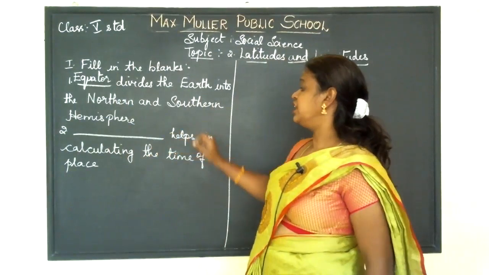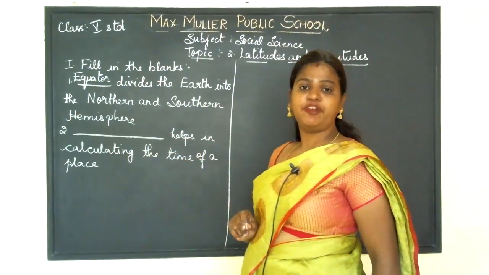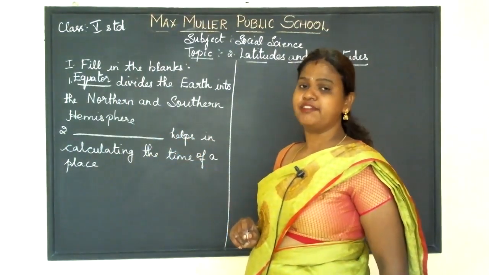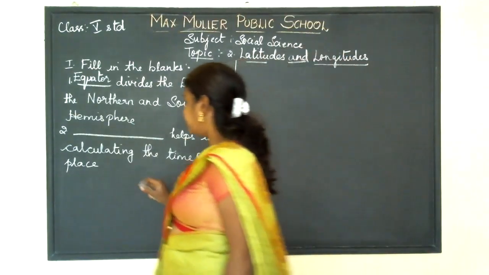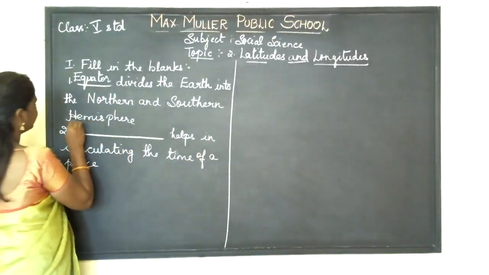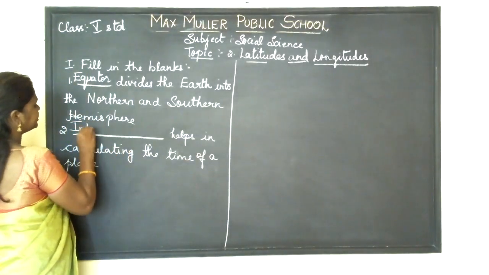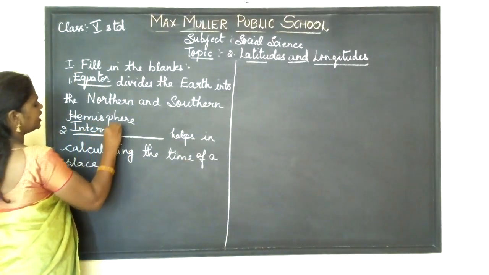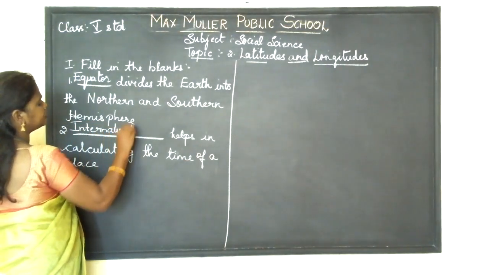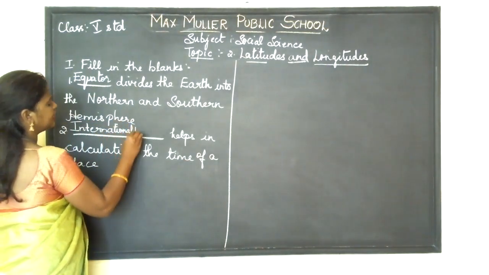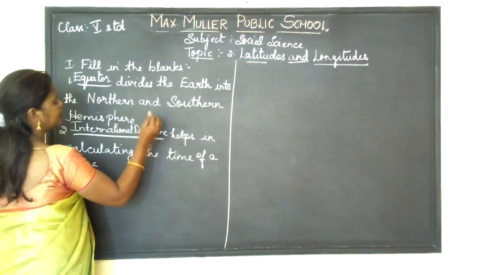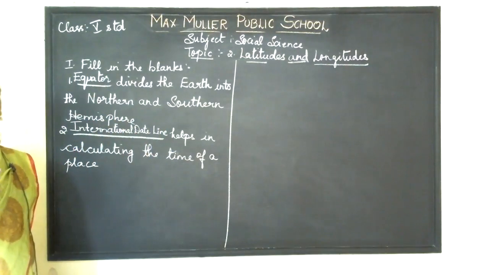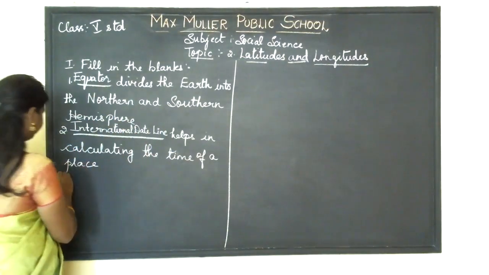Dash helps in calculating the time of each place. What is that? It is nothing but the international dateline. INTERNATIONAL, international dateline. The answer will be international dateline.